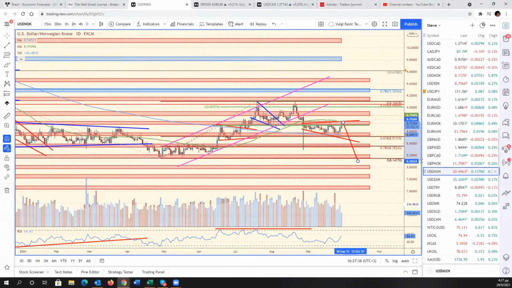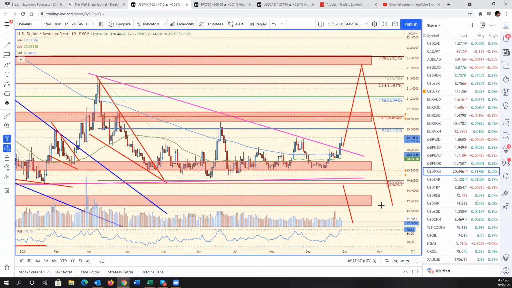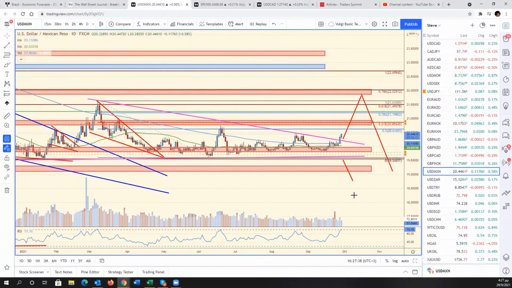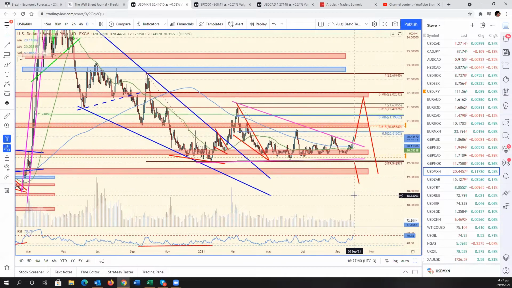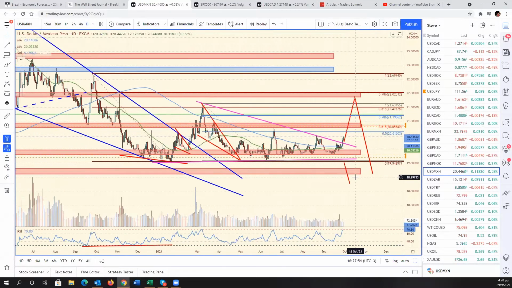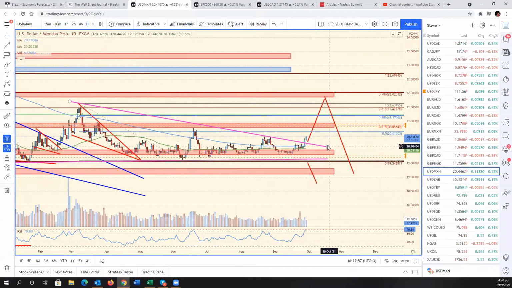And we can move to USD MXN, which depends on how you decide to draw the trend line resistance. It seems to be breaking out. Now, the reason I sound a little bit skeptical is because we don't have many points from which this trend line resistance passes. So take it a little bit with a grain of salt. Nevertheless, it's not a bad trend line, right?